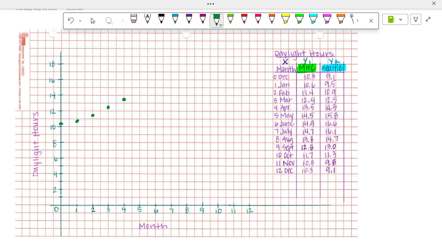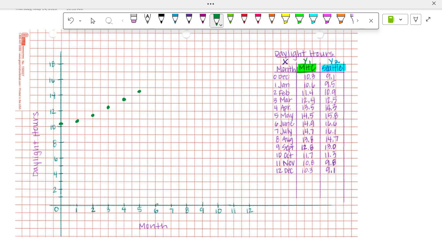For 5, it's 14.5. So I'm going to go all the way up to 14. I'm going to go about halfway between 14 and the next line. Then for June, it's 14.9.